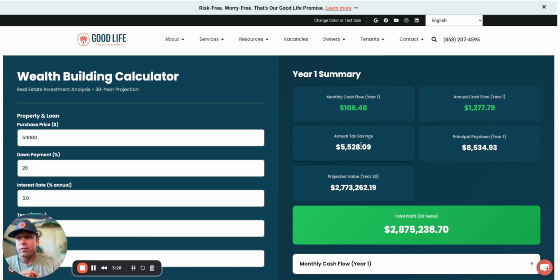Annual tax savings: $5,528. This is essentially the cash you're actually saving by owning just this rental property. Now, big caveat: we're not licensed tax people. This is not meant to be tax advice. Please check with your tax advisor. I just want to educate owners on some of the key concepts in owning property.